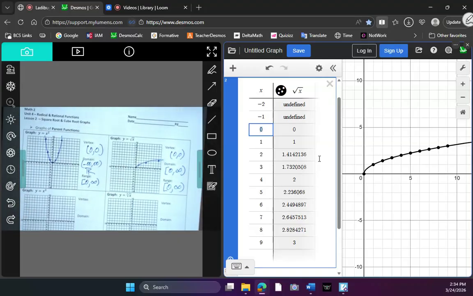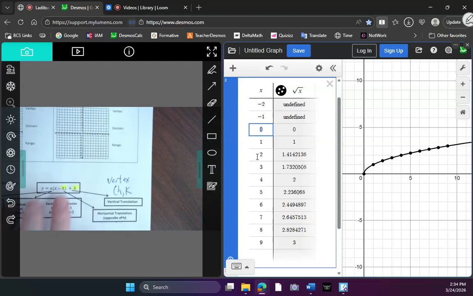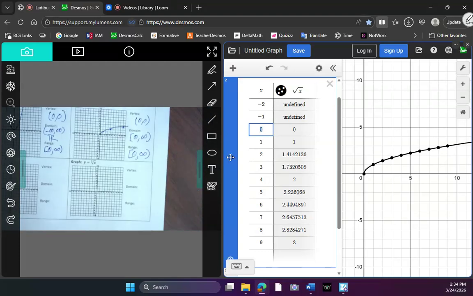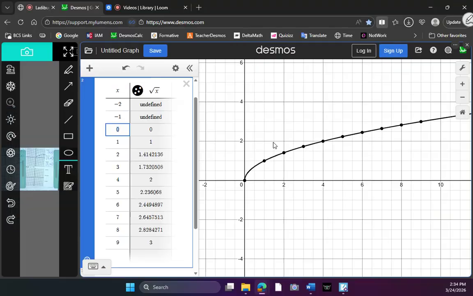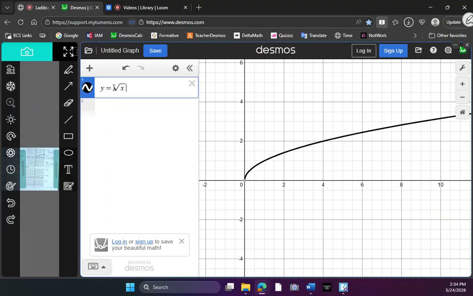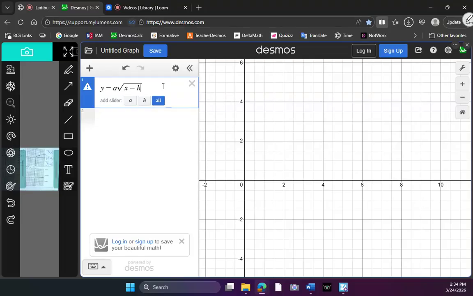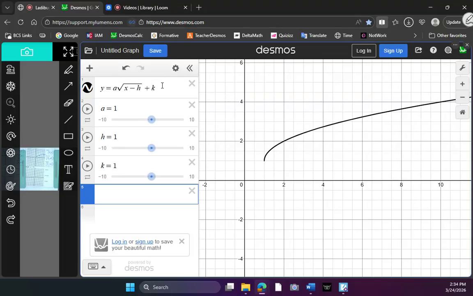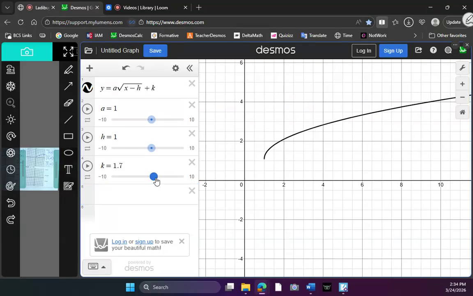And then, yet again, let's double check these transformation rules. So if I go and put a here, minus h, and then a plus k, and look at these sliders. You can see when we increase k, it moves up.